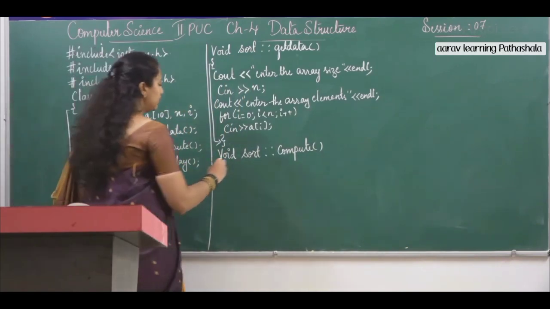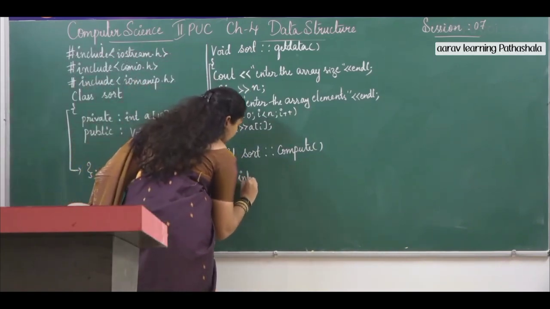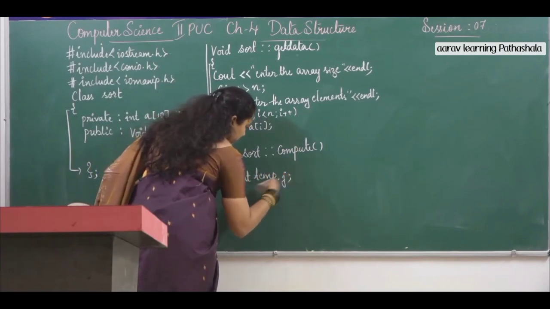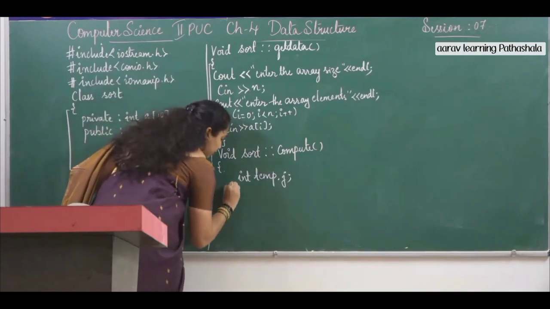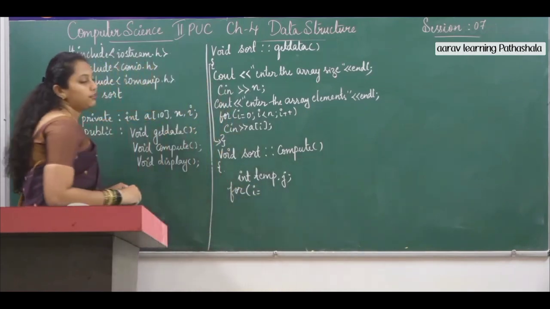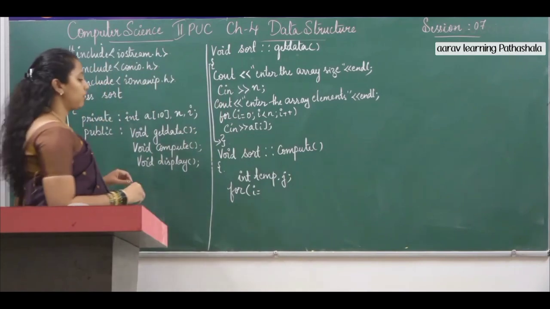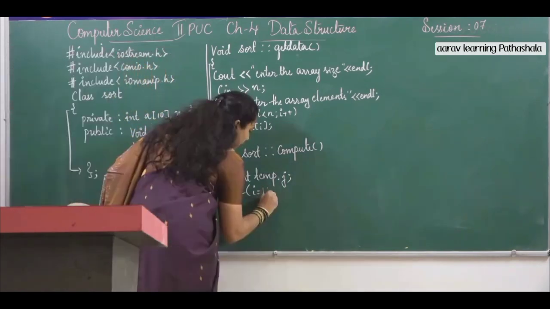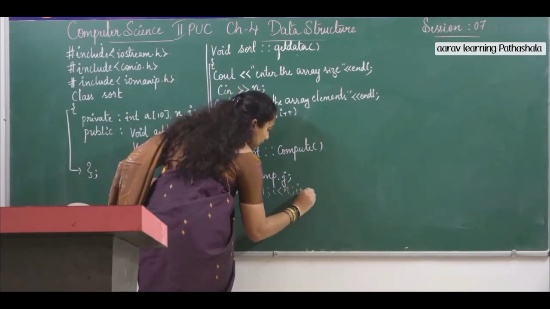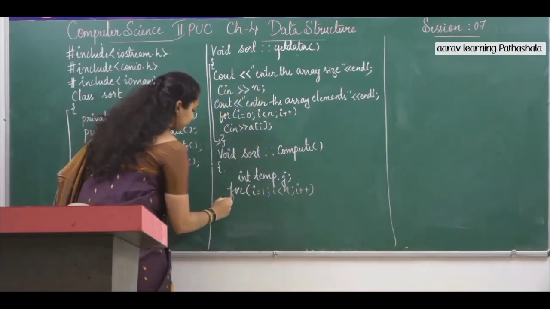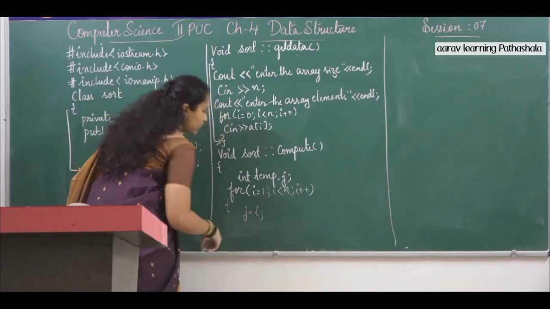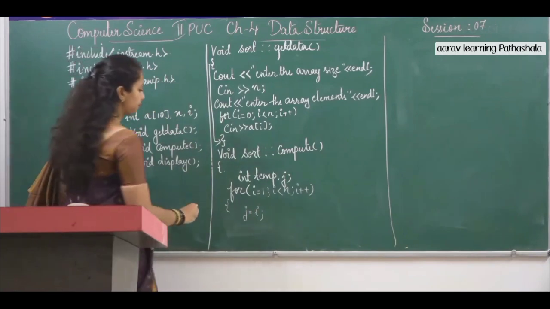Here I am declaring the variables, that is int temp and j. For comparison, it starts from the first position. So for i is equal to 1, i less than n, i plus plus, I am going to assign the value of i to the variable called j.